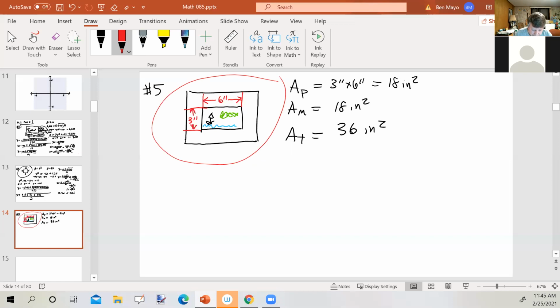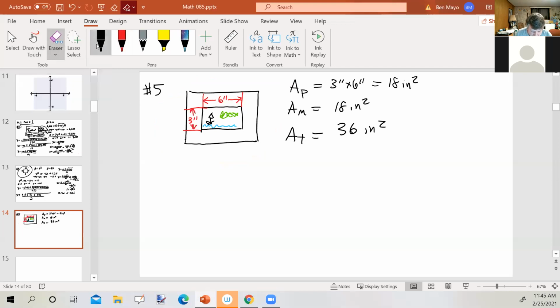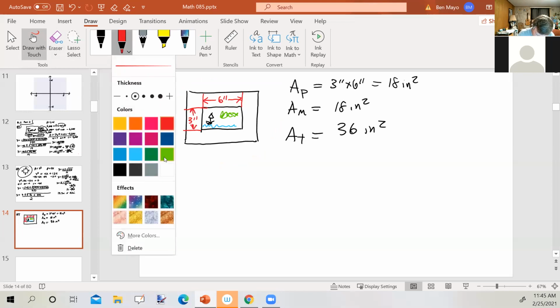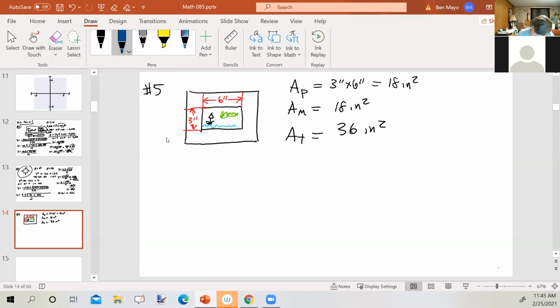All right, now, where'd my mouse go? Here it is. Let's go back here. We're told that that mat has a uniform width, okay? So what if, let's use blue.